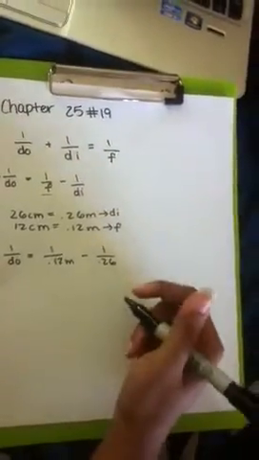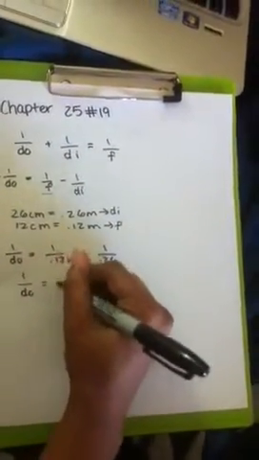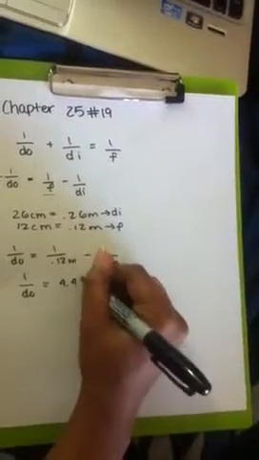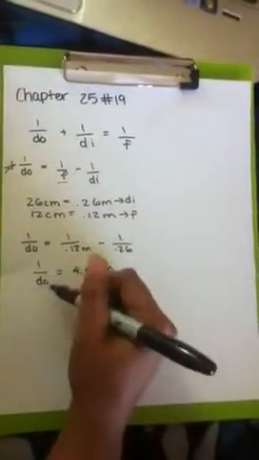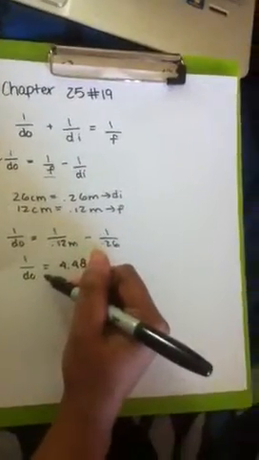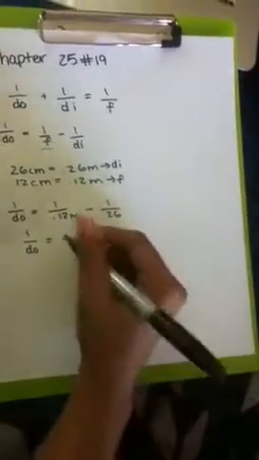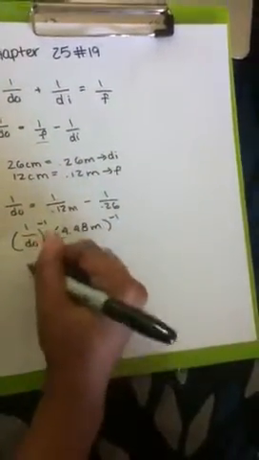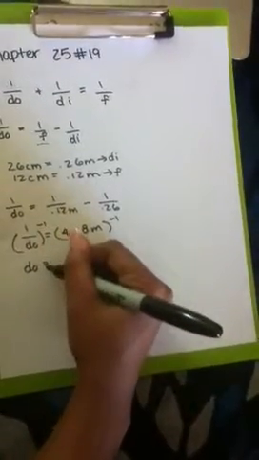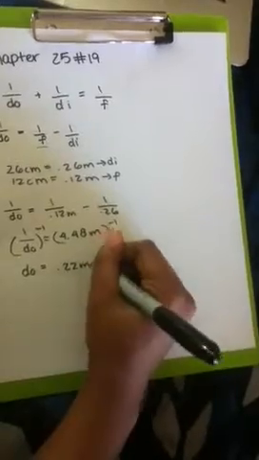If I do that, then I get 4.48 meters. However, this is 1 divided by the distance of the object, and it is not the value of the distance itself. Therefore, I took the reciprocal of this right here, and I found that to be a value of 0.22 meters.